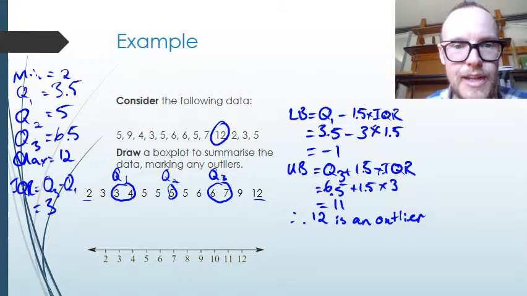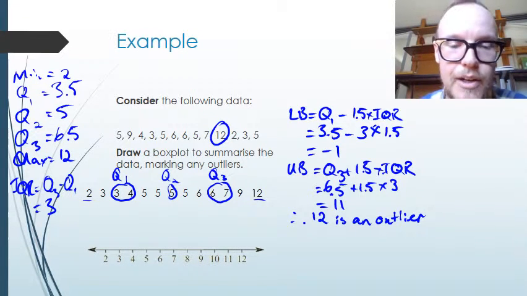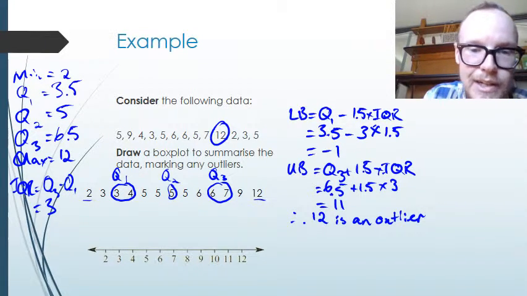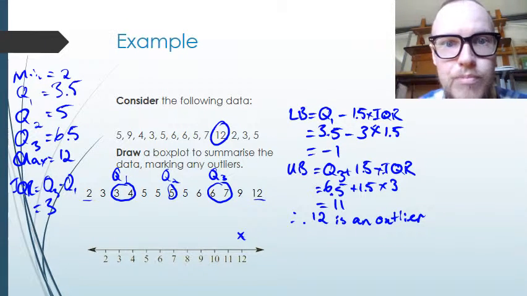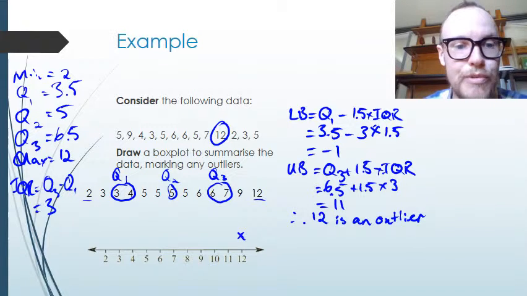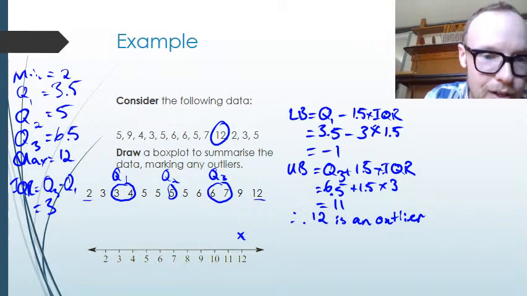Okay, so now what we need to do is create our box and whisker plot, firstly plotting any outliers. So we know 12 is an outlier, so we can plot it on our graph, X here, plotting it on our graph there. We can plot our box around Q1 to Q3. So our lower bound for Q1 is 3.5, so we can put it here.